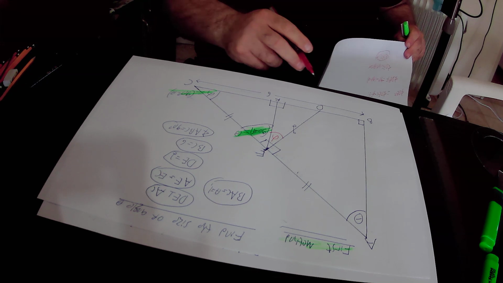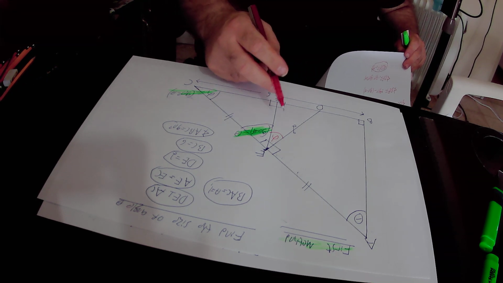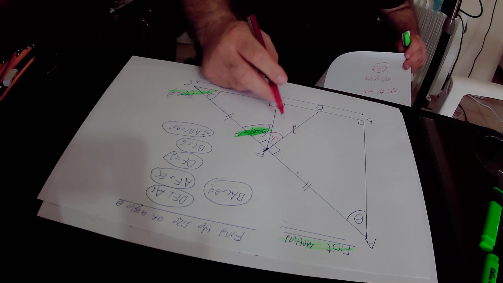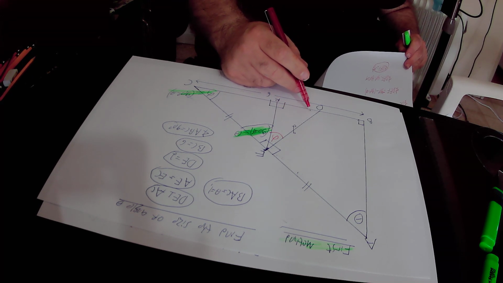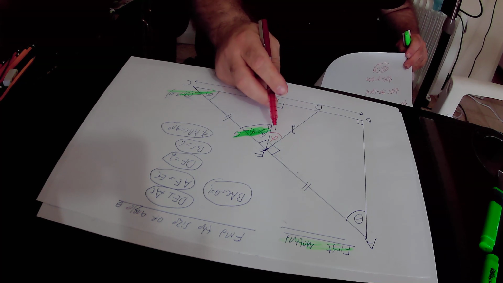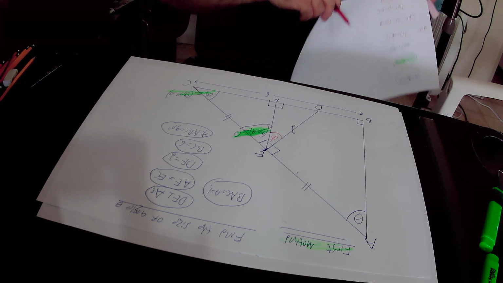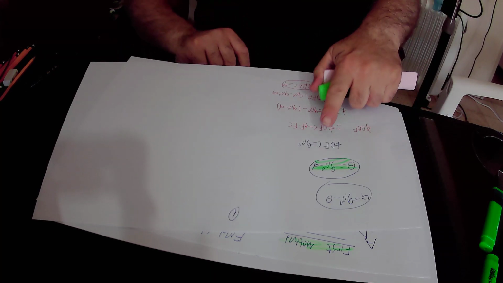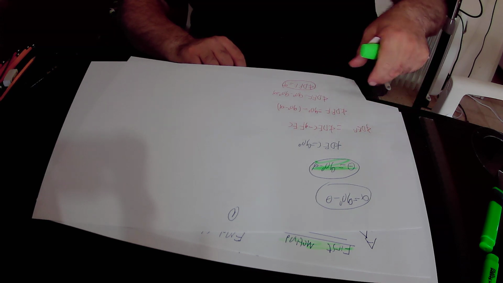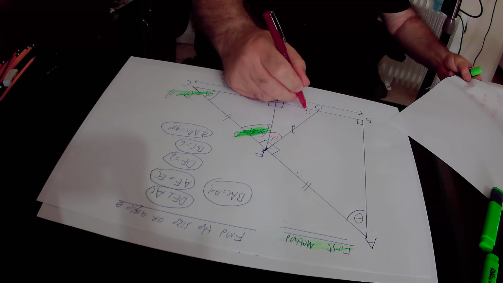In the right triangle DEF, if this angle equals alpha, then this angle must be equal to 90 degrees minus alpha. Okay? In order to complete the sum of the angles in this right triangle to 180 degrees, if this angle equals alpha, this angle must be equal to 90 degrees minus alpha. But 90 degrees minus alpha is theta. So we can write down that this angle equals theta, that is 90 degrees minus alpha.